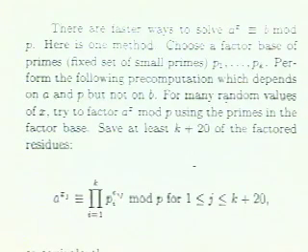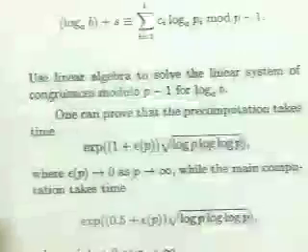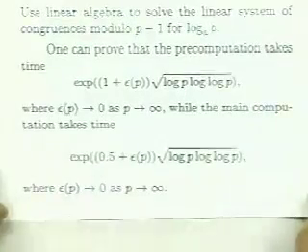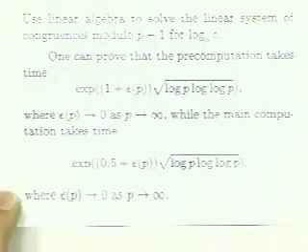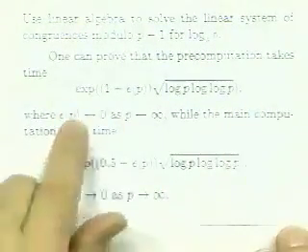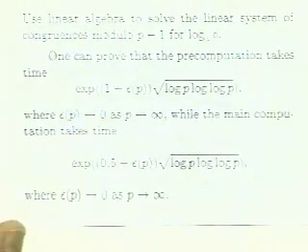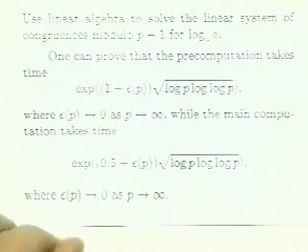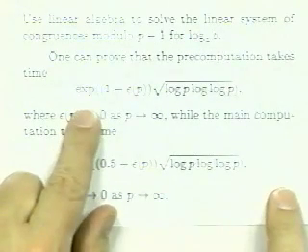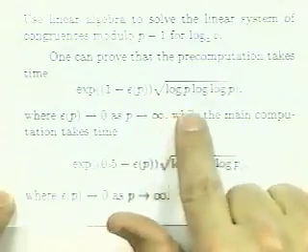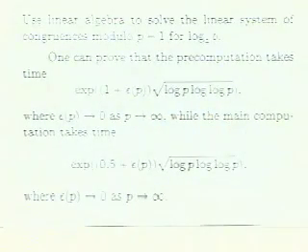One of the methods is this, which I'm not really showing you, but at the end of it, you can show that you can do it basically in this time. That is, you can solve the discrete logarithm problem modulo p. You can solve a to the x congruent to b modulo p in time e raised to the power square root of log p times log p.